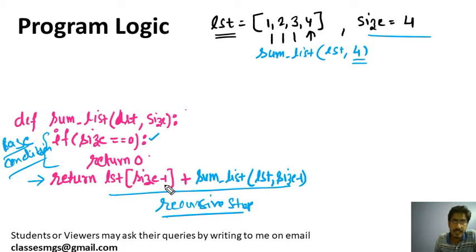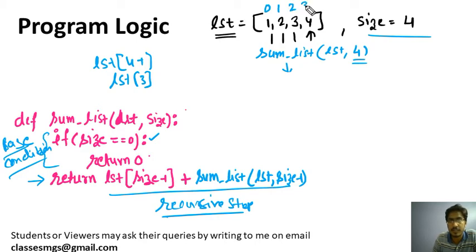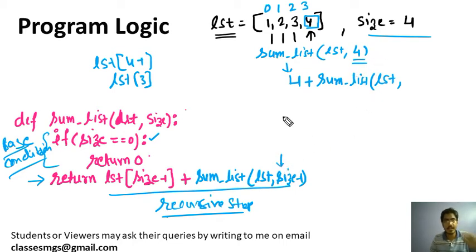What we are doing, lst[size-1], which will become lst[4-1], so lst[3]. The third index, 0 1 2 3, this is the index, so the third index value will be added here, 4 plus, and then this function sum_list will again be called with the list, and this time size is reduced by 1, so that next time we will have 3 elements in the list.